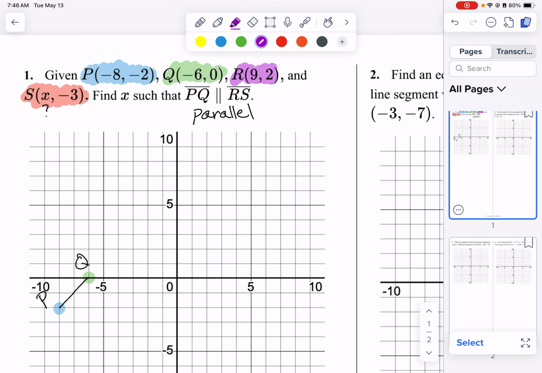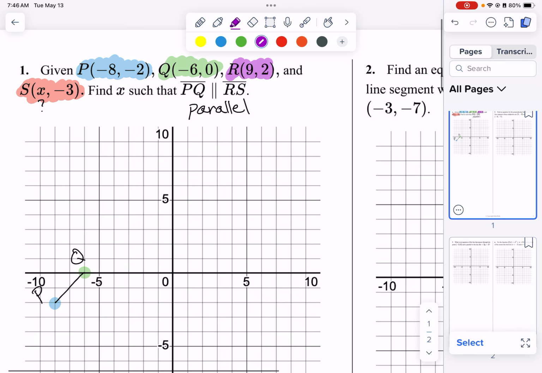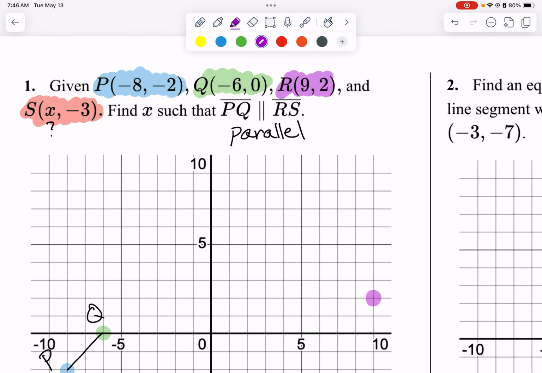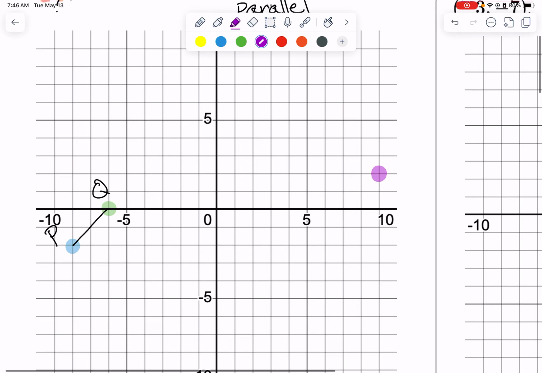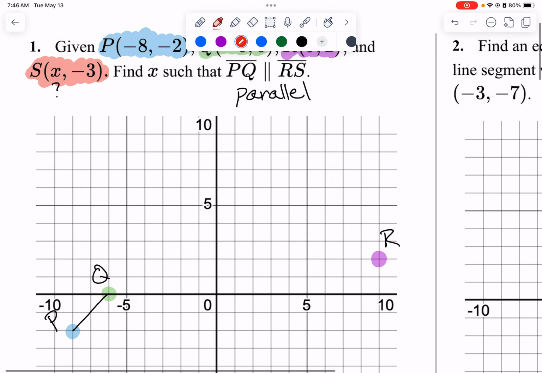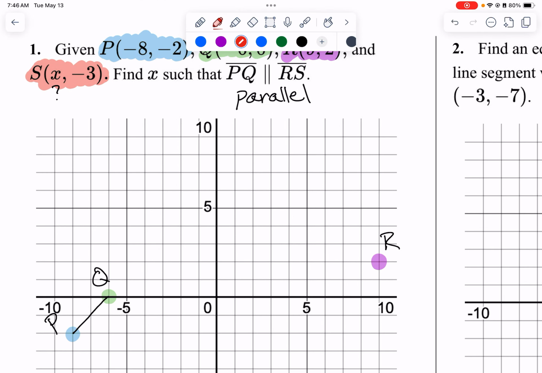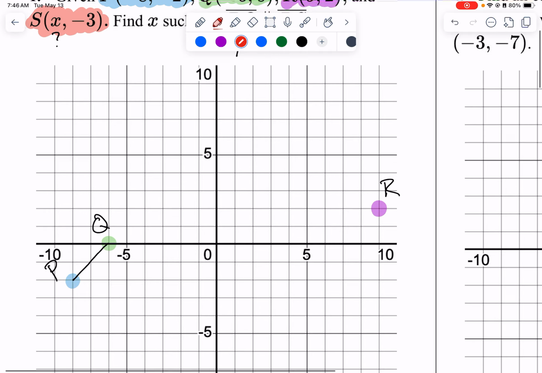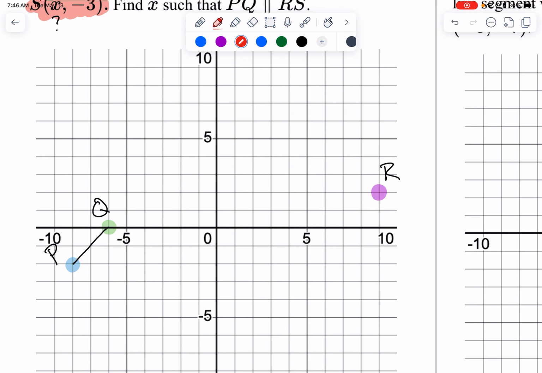Now let's plot the R point. That's over in the positive areas, so we have a 9 to the right and 2 up. So 9 to the right and 2 up would be here. And that's our R. Now what's curious about our last one is that we know the up or down is -3, so that's going to be down 3, but we don't know exactly where.